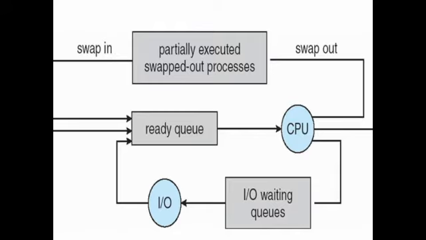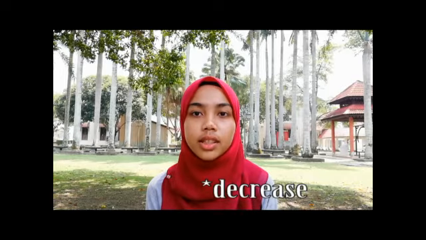Second scheduler is the short-term scheduler or CPU scheduler. The short-term scheduler selects which processes from the ready queue should be executed and allocated the CPU. Third scheduler is the mid-term scheduler. The mid-term scheduler can be added if the degree of multiprogramming needs to decrease.